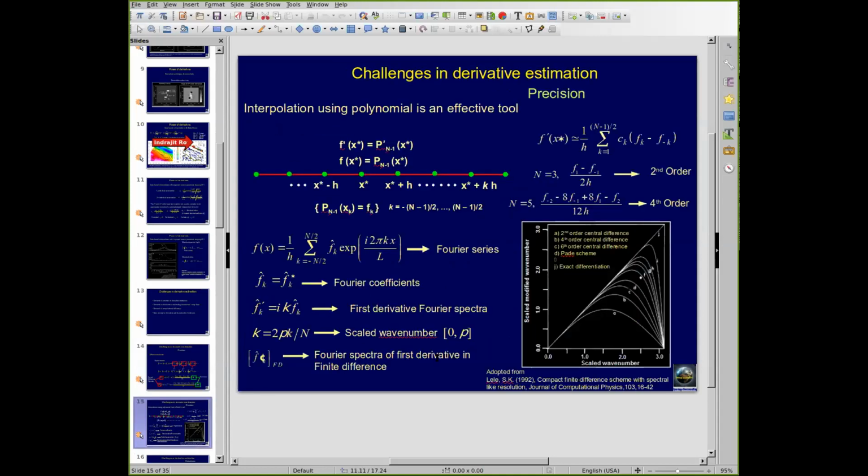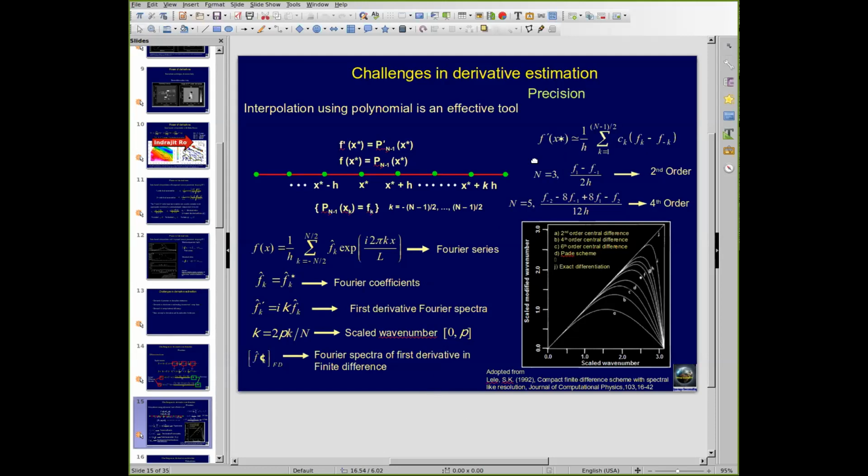We can do these finite difference things in terms of polynomials. Why polynomial? Because my function is unknown, and a polynomial is a smooth function, a nicely behaved function. So if we look in terms of polynomials, then we can find these functions with a first order derivative with, say, 3 points, very simple: f1 and f minus 1, one ahead, one backward.